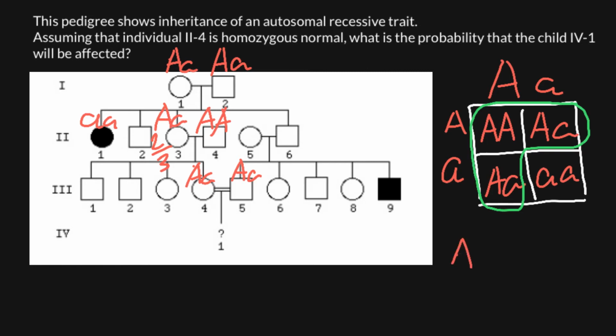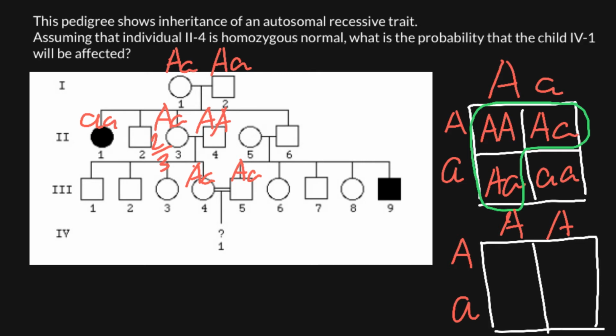The female is heterozygous and her husband is homozygous normal. So capital A capital A here, and capital A small a here, and capital A small a here. As you see, the probability to pass the defective allele to the progeny is 1/2.